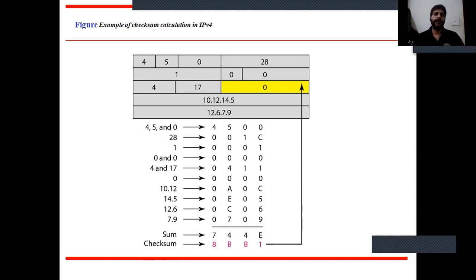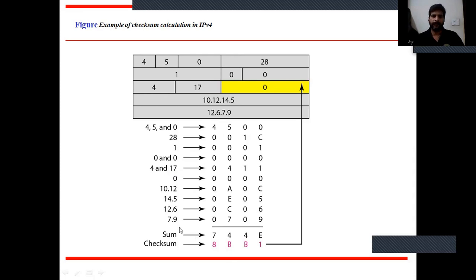Simple. We calculate 4500, 001C for 28, representation of 0001, representation of 0 equal to 4 times 0, 4 to 17, representation of 4 equal to 411, and representation of 0, 000 10 12, this 14, 5 this 12, 6 this and 7 9 this.